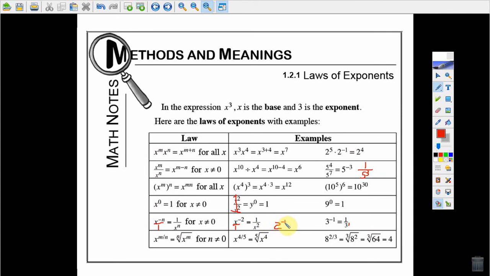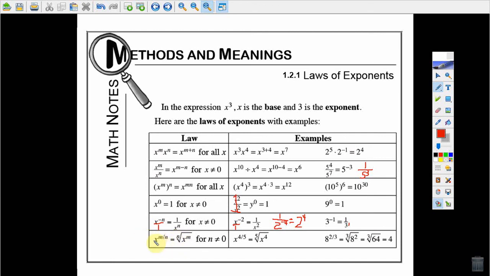If we had, say, 2 to the negative 4th on the bottom of our fraction, so 1 over 2 to the negative 4th, that's the same thing as 2 to the positive 4th, because we're going to move that up to the top of the fraction.